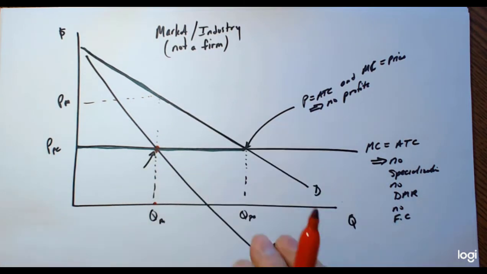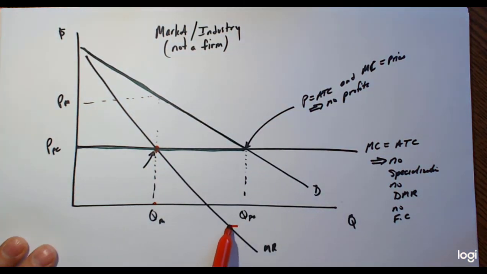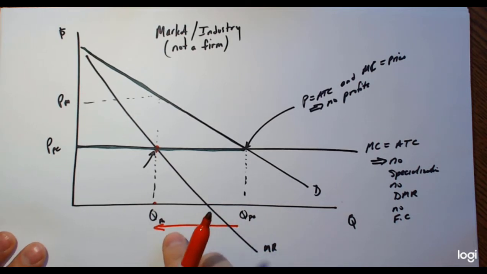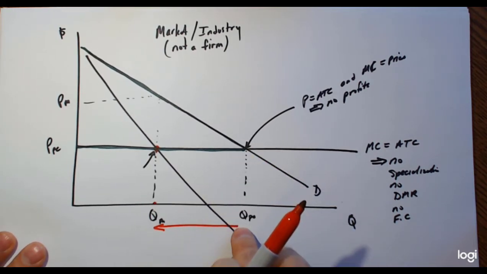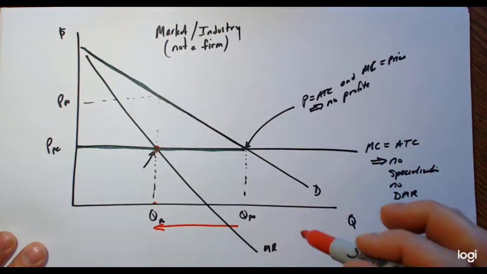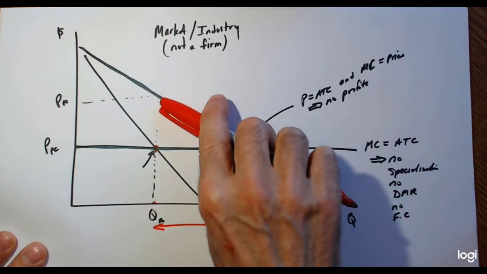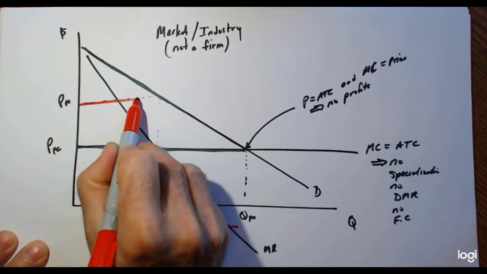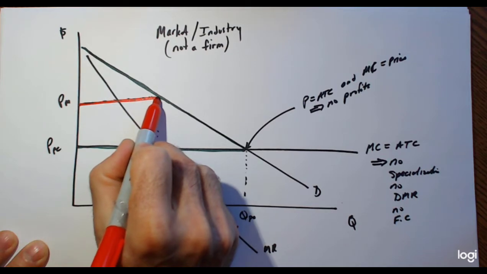And what we have here is, first off, there are no transactions here. So there's a reduction in the amount of output compared to the benchmark of perfect competition. There's a reduction in output, and the price is higher, so the monopoly has moved up the demand curve here. But what's interesting is, look, here's the price that people pay with a monopoly.